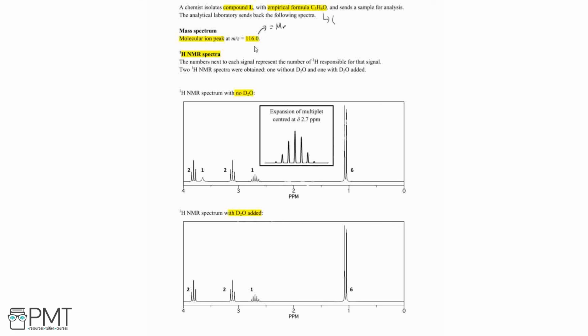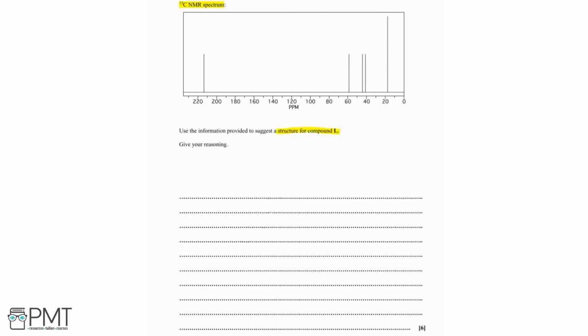So our empirical mass is going to be 3 lots of 12 plus 6 lots of 1 for the hydrogen plus 16, and this is equal to 58. So then if we divide 116 by 58, we can see that we've got a factor of 2. Therefore, we need to multiply our entire empirical formula by 2 to get our molecular formula. So therefore, our molecular formula is going to be C6H12O2.